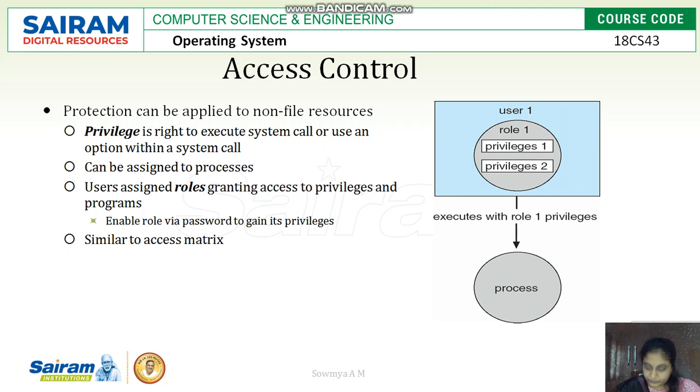If the object is not of a file type, then this access control mode is used. There can be only one privilege or multiple privileges given with one rule, and the user can access it with the help of this access control method. It can be assigned to a process or it can be not assigned. Based on the assignment and the privileges given, protection is provided for those non-file type resources.